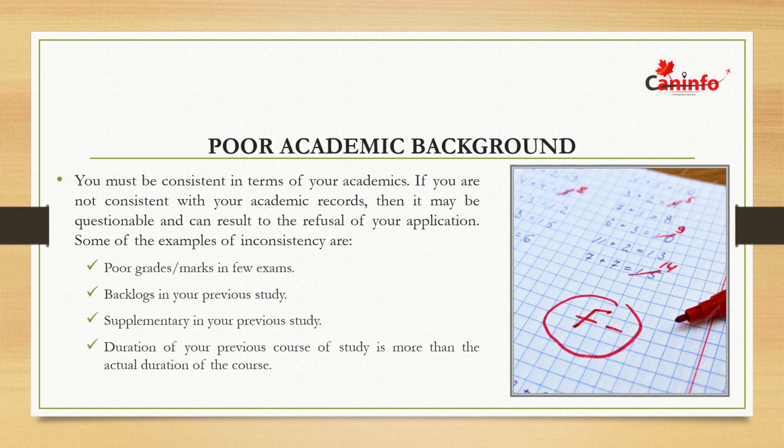And a very important thing: backlogs and supplementary examinations will increase the duration of your study. If your previous course of study was 3 years, but you completed it in 4 years due to backlog or supplementary examination, then again that may lead to refusal of your visa application.